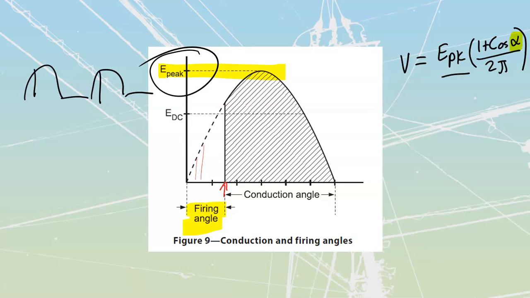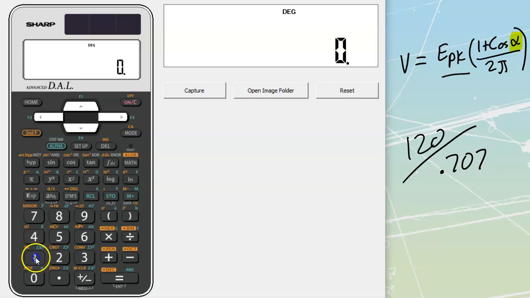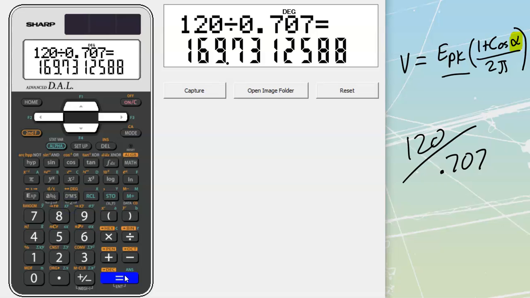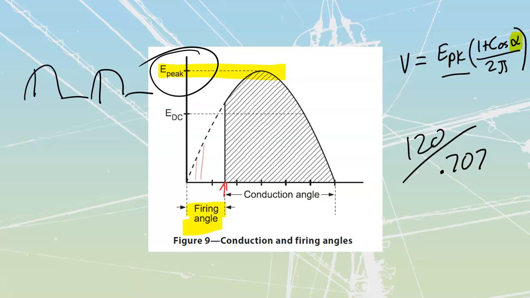You should remember from your simple AC theory that if we are looking at peak values of voltage compared to our RMS values, we usually deal with RMS, but our peak is going to be 1.414 times greater, or you divide by 0.707. So to move from a value of 120, you divide by 0.707, which gets you to 169.73, or 170 volts, which is the peak of your 120 volt system.